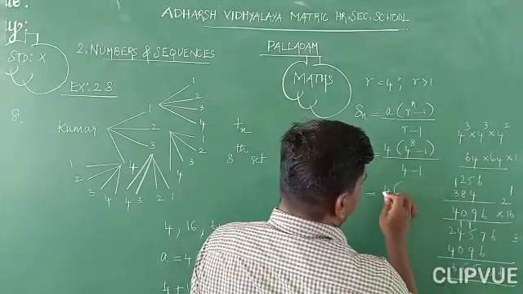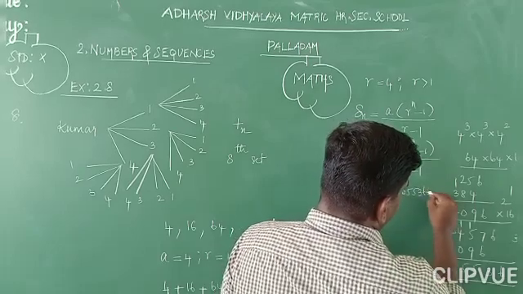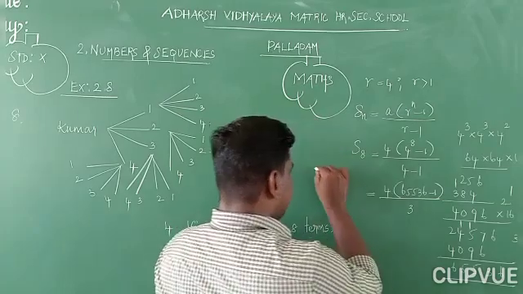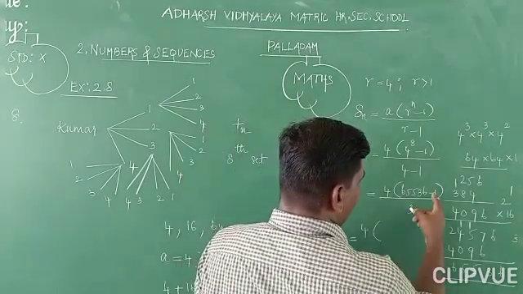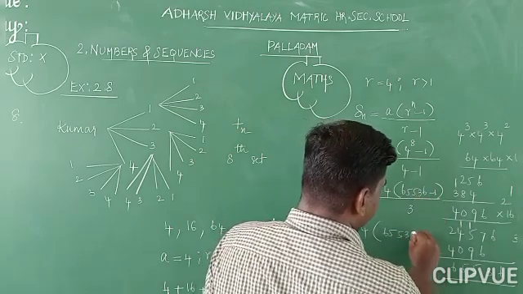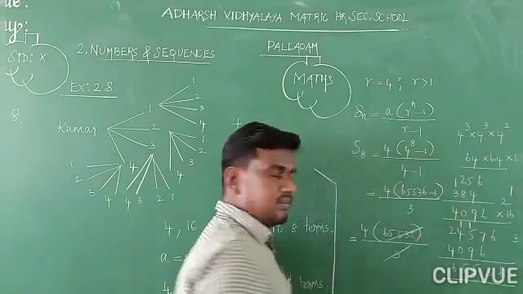So what do we get? 4 into (65536 minus 1) divided by 3. If you subtract 1 from this, you will get 65535 divided by 3.